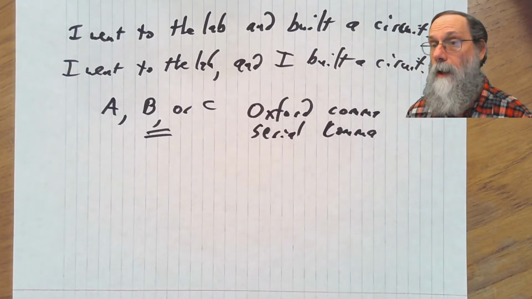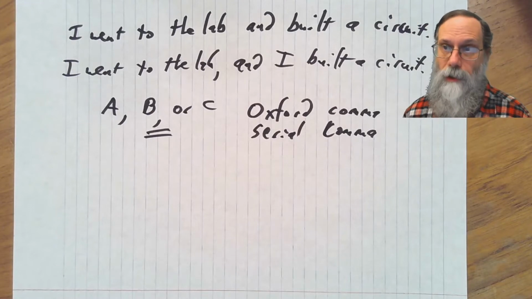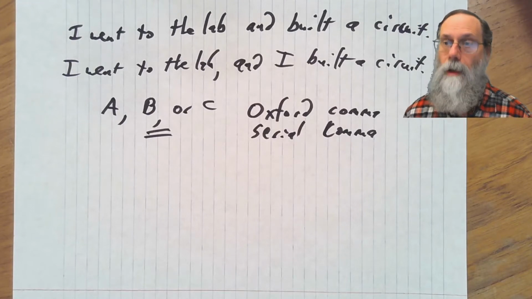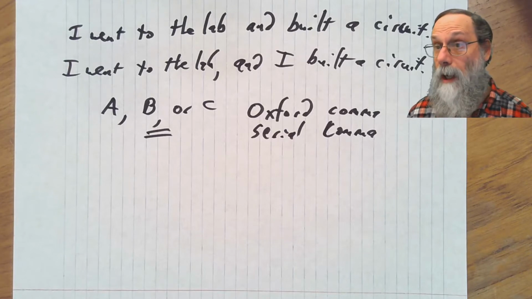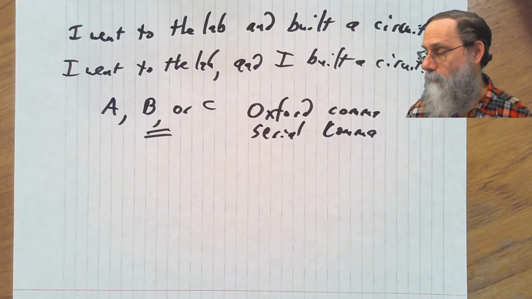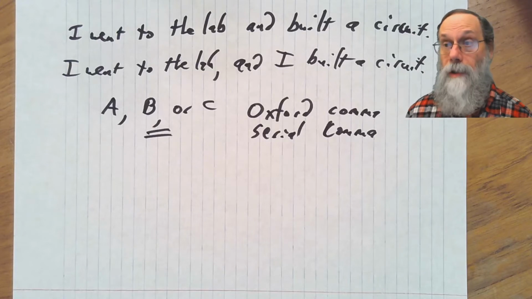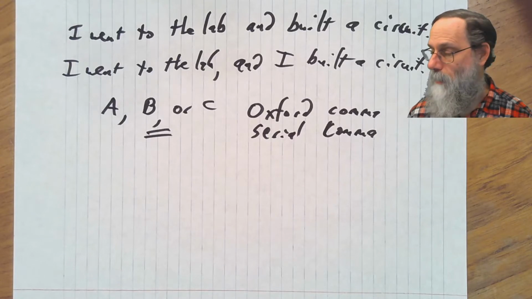In American written English, it's fairly standard. In British English, it's not quite as common, but I'm going to insist on it because it does greatly improve the readability of lists.